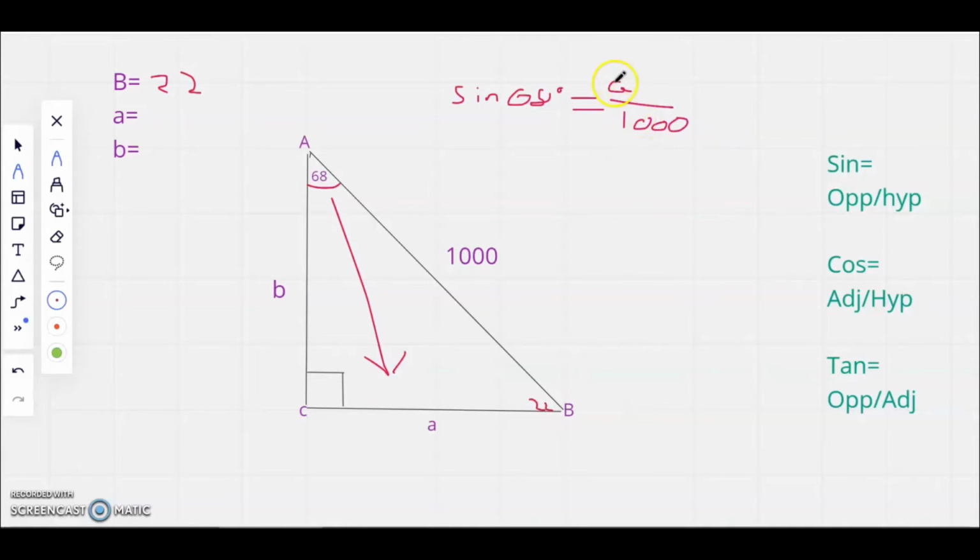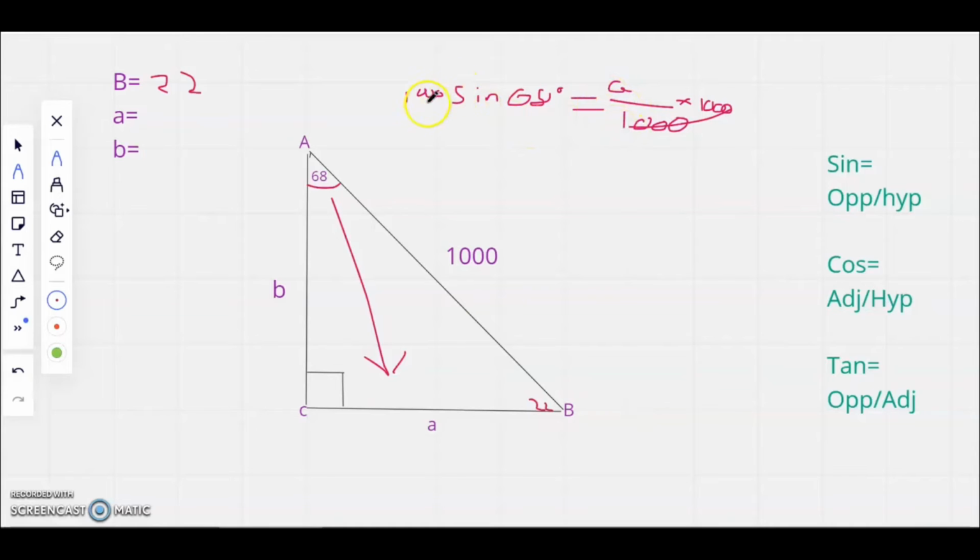So from here you want to get A by itself, so you multiply each side by 1,000, and then that cancels out, and then it equals A.